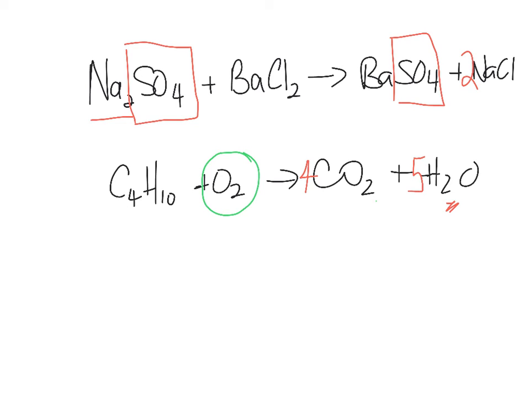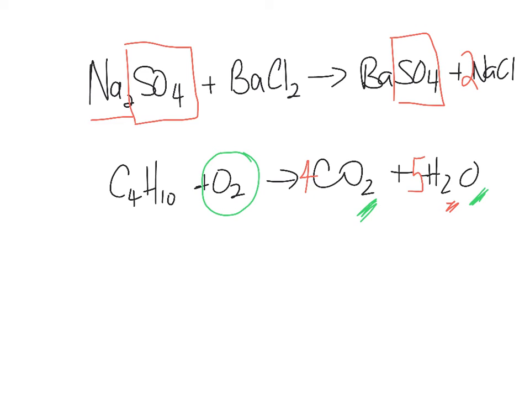You've got an even number here, but an odd number in your water. So when you look at these kinds of equations and you end up with an odd number of water, go back to your carbon compound and double it.